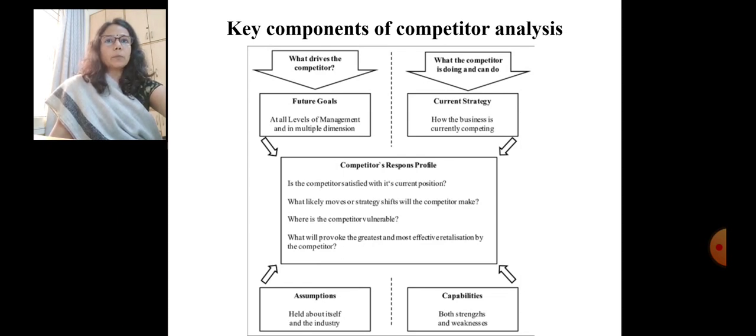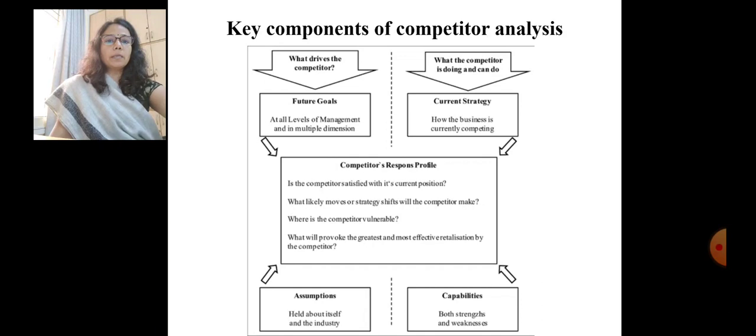And the competitor's response profile, again you have four different factors here, that is strategy, objectives, assumptions, and resources and capabilities. Well, is the competitor satisfied with its current position? Second one, what likely moves or strategy shifts will the competitor make? That talks about strategy.